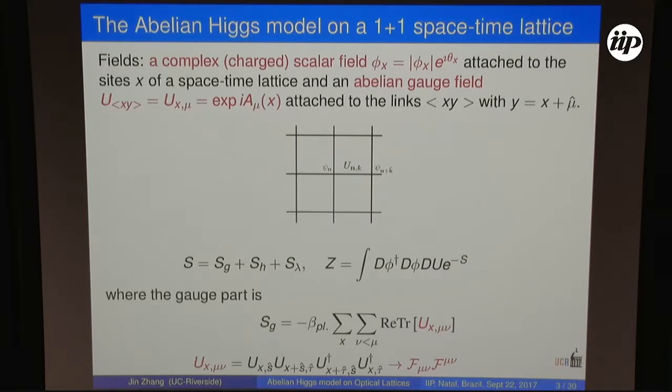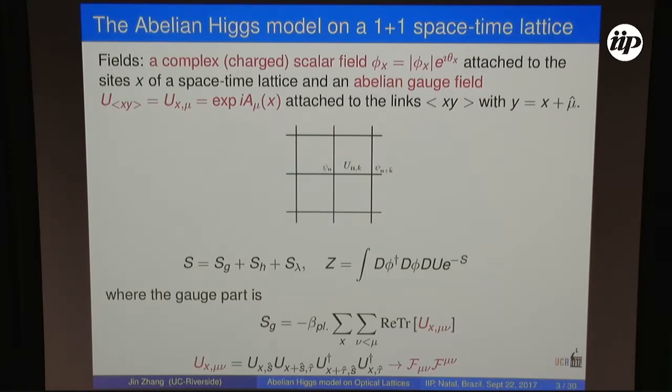So next, let me introduce the Abelian Higgs model on the 1+1D lattice. In this model, we have a complex scalar field attached to the sites here, and an Abelian gauge field attached to the links here.